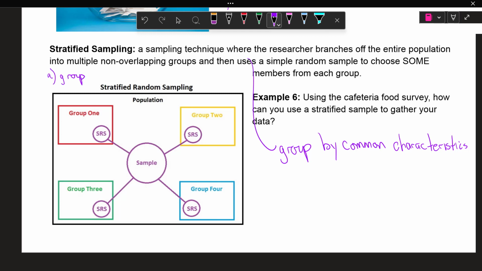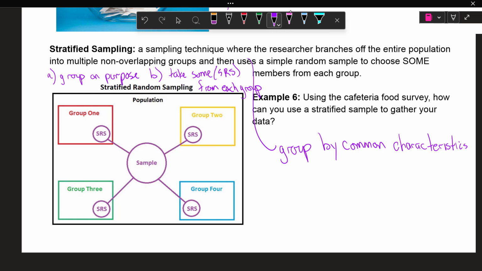We group on purpose, so we put them in groups based on something, and we take some SRS from each group. So we group on purpose, some common characteristic, and then we take some from each group.